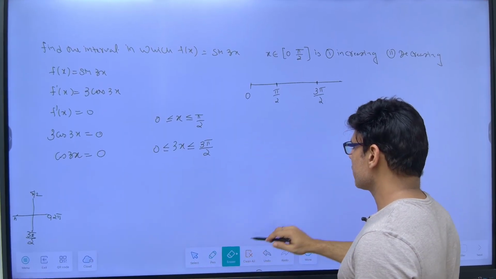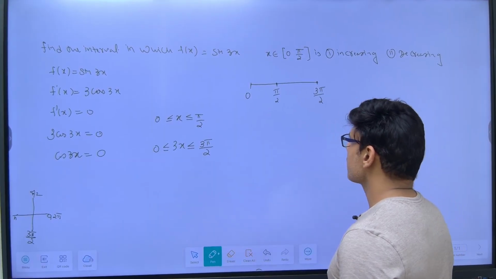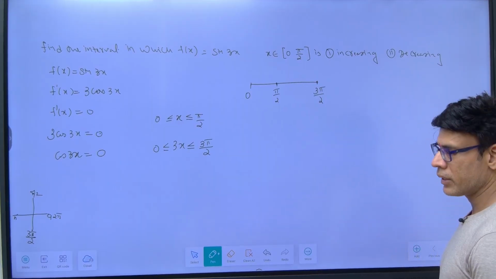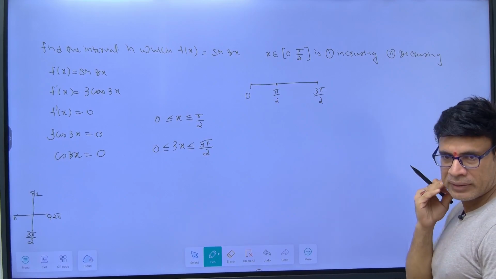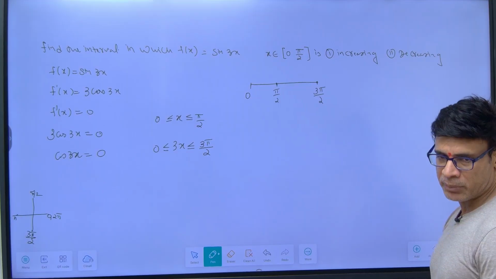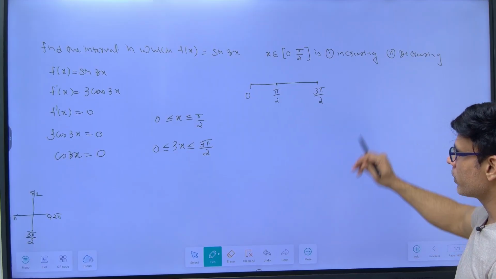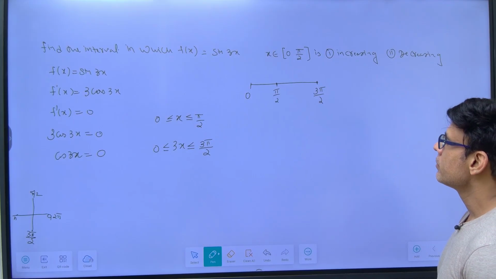This part you can eliminate. So your interval is pi by 2 and 3 pi by 2. You don't have to take any value more than 3 pi by 2.